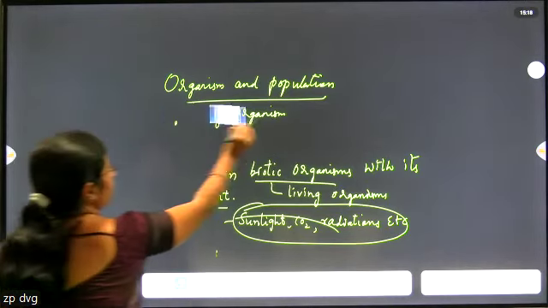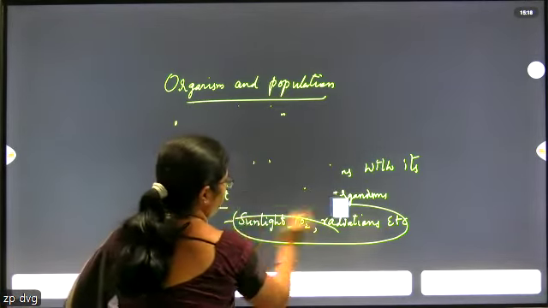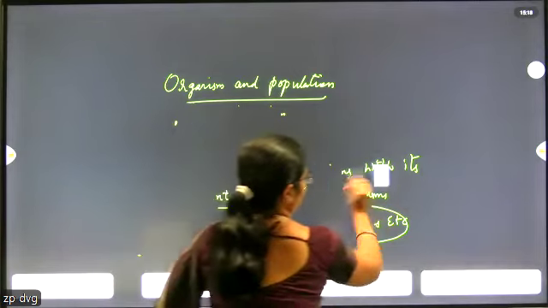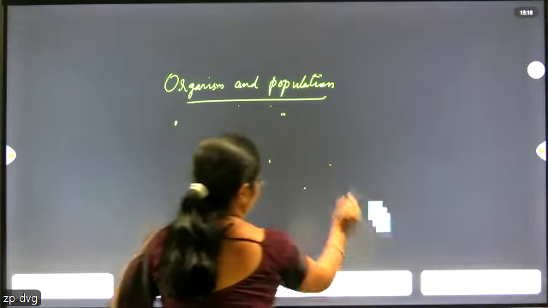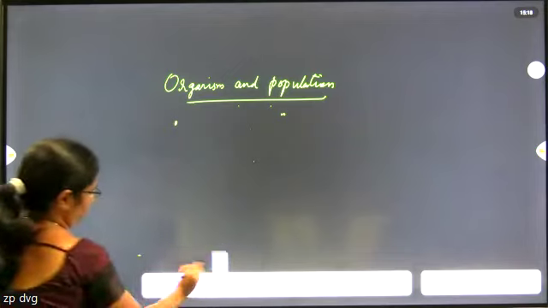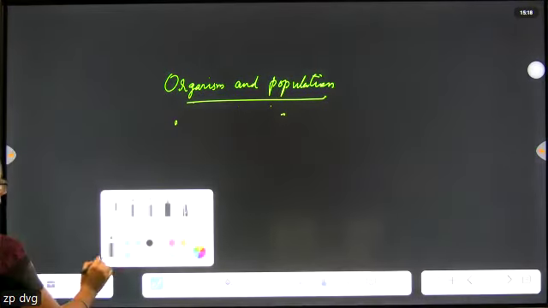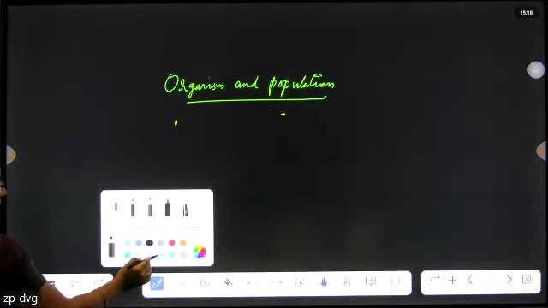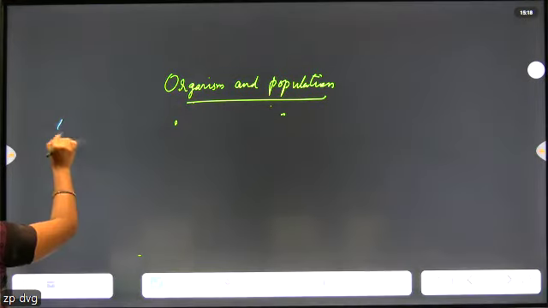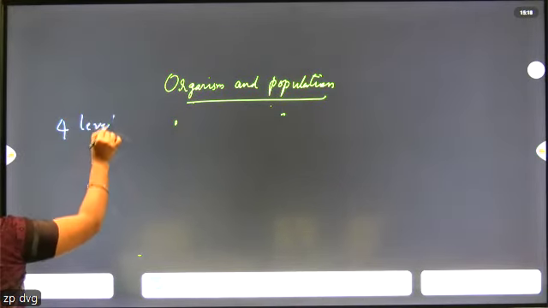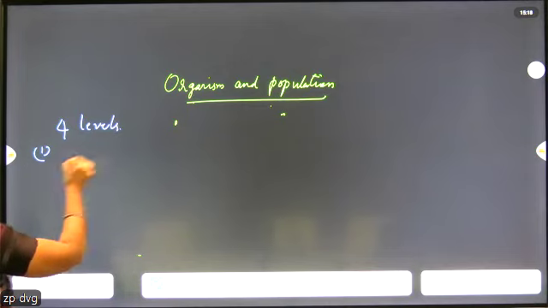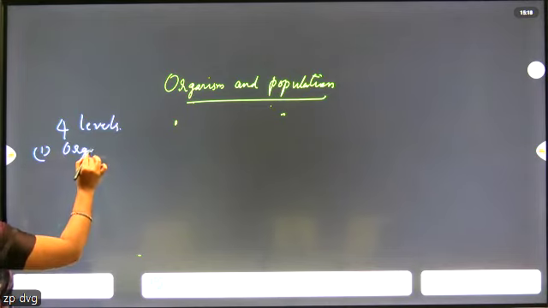So what are the levels present in ecology? There are four levels. One is organism.